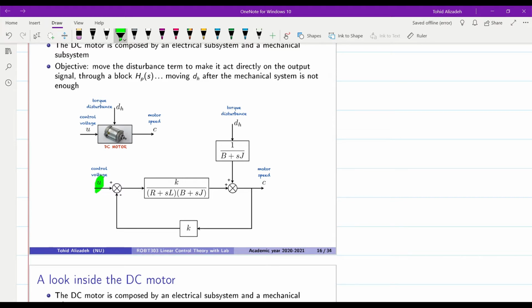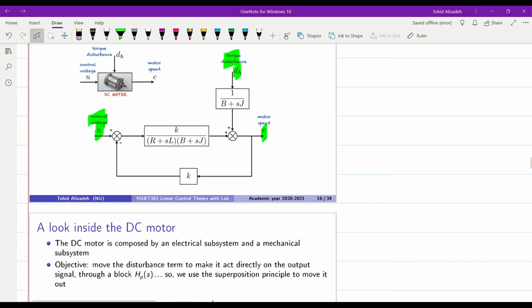We have two inputs over here, you can see, U and dH, and then if we indeed consider the effect of one input on the output, we can find the transfer function from that input to the output separately, and afterwards we will have two transfer functions or two blocks which are showing the effect of the control voltage, the control input, and the torque disturbance on the system.